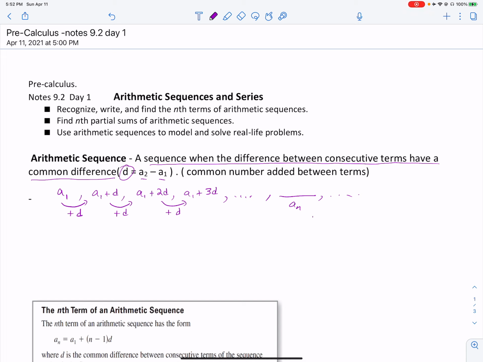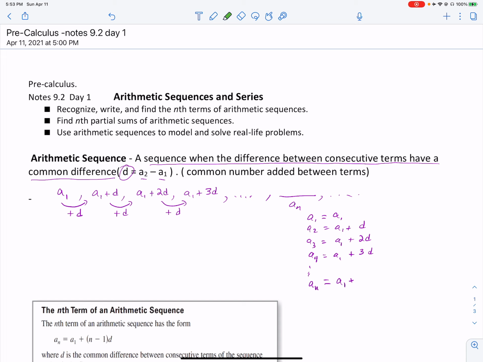So if I look at this pattern, a sub 1 is just a sub 1. A sub 2 is a sub 1 plus 1 common difference. A sub 3 is a sub 1 plus 2 common differences. A sub 4 is a sub 1 plus 3 common differences. So if we generalize that to get to the nth term, it's a sub 1, but how many common differences have you added?